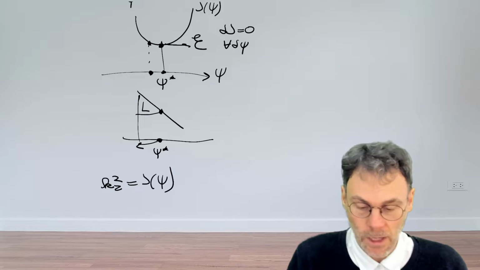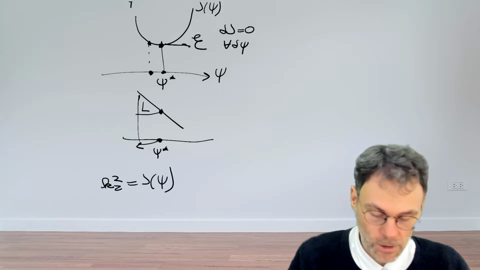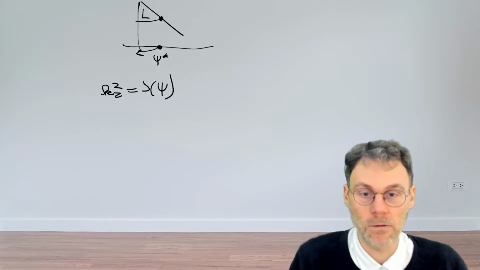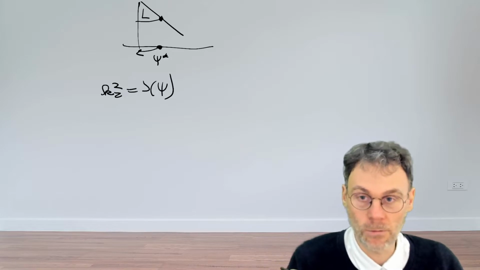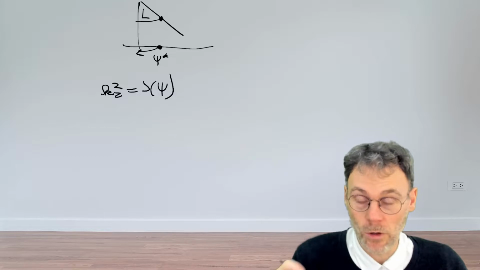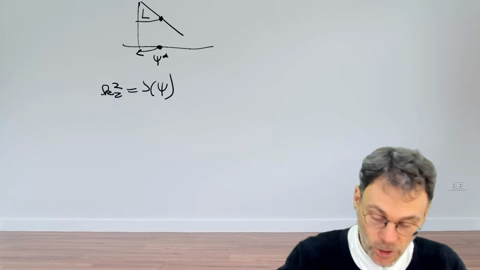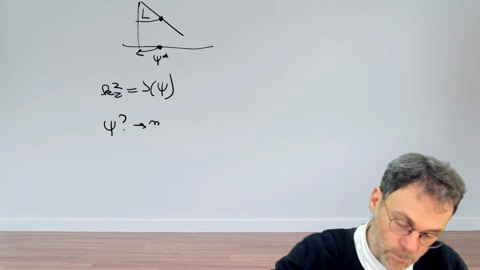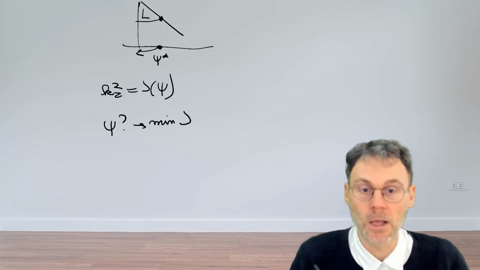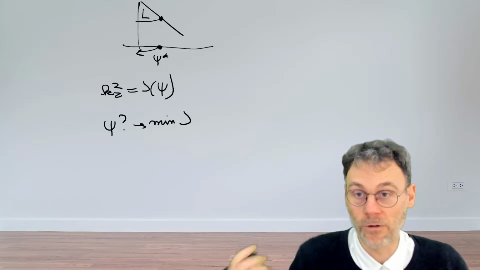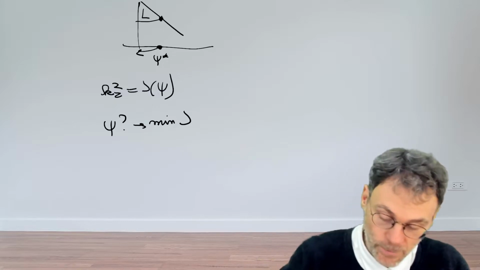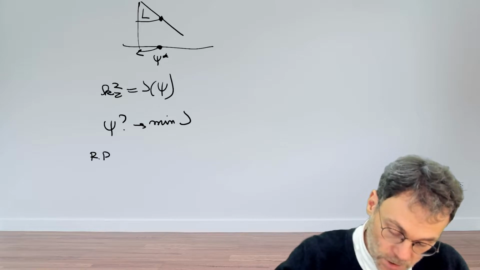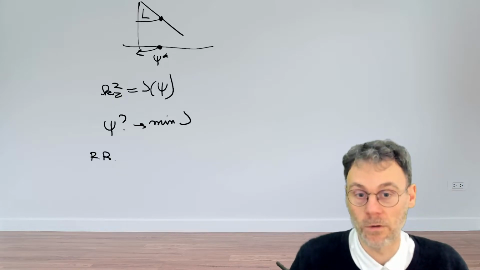A final thing I want to mention here is some terminology, making sure that we dot the I's and cross the T's. So when we're solving this variational expression, when we're solving for psi such that we get a minimum of our functional, that's basically a problem with infinite dimensions. And the way we're solving this in practice many times is by using the Rayleigh-Ritz method, which we've mentioned before already.